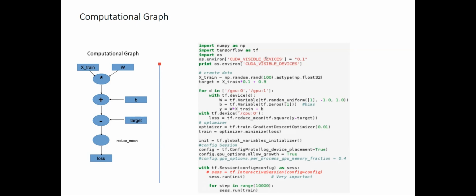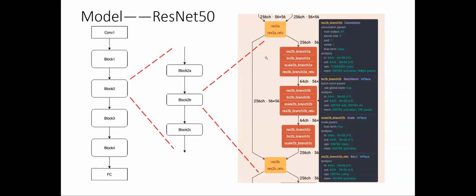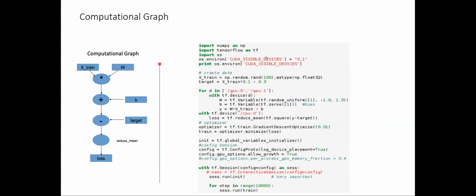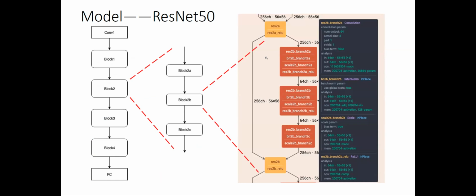And then after we get this computation graph, for example, this is just a simple graph, but most of these computation graphs for machine learning models are huge. So this one is a ResNet-50 machine learning model computation graph. So they have 50 layers of convolution, and this is just a picture to show the different blocks, and within different blocks we have different numbers of convolution layers, and also the batch normalization.